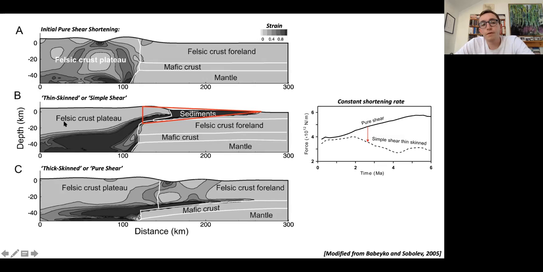And given that we have estimates of the extension rate in the top of the plateau, and some knowledge of the average material properties beneath the plateau, based on the relationship between buoyancy forces and strain rates from the work of people like Simon Lamb, we can ask the question: how much must the horizontal force acting through the eastern boundary of the mountain range have decreased in order to explain the current extension rates that we measured across those active normal faults?